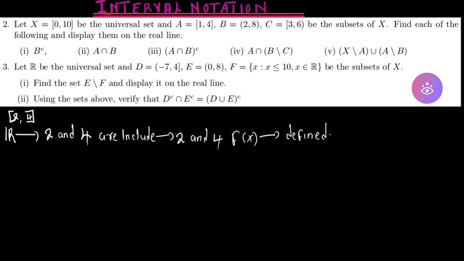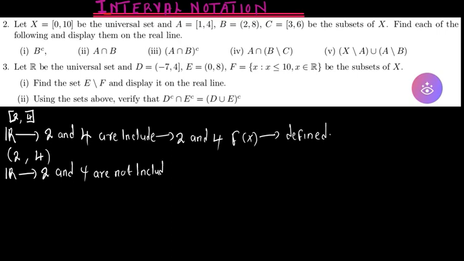When you're given a question with these brackets, this means that on the real line, where you have real numbers, 2 and 4 are not included.